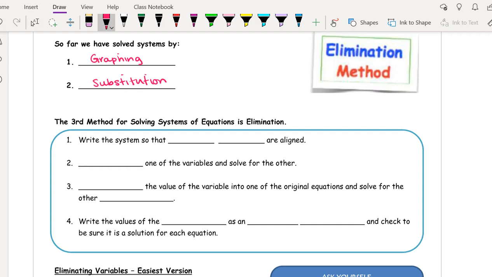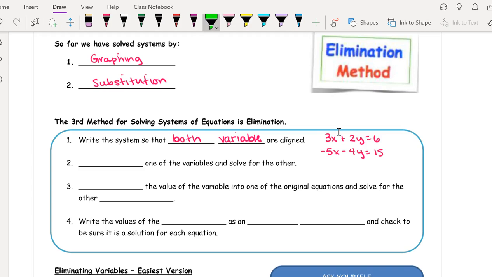So the first thing we need to do is write the system so that both variables are aligned. And preferably we want it to be in standard form. So if I have an equation, one of them is 3x plus 2y equals 6. Maybe the other one is negative 5x minus 4y equals, I don't know, 15.